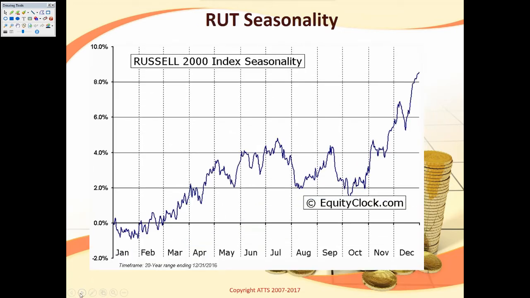Same thing on the Russell. As you can see, the Russell tends to hibernate a little bit into the November timeframe, and then mid-November, catch that bid and run up. If it runs, there's a 4% gain. That'll be about 12% on a leverage ETF.